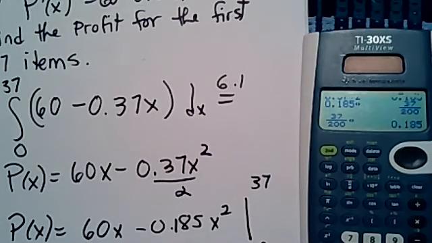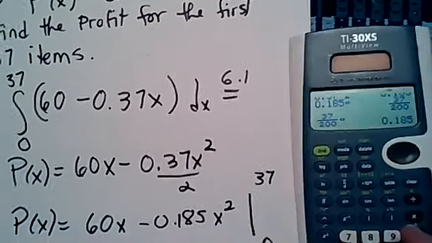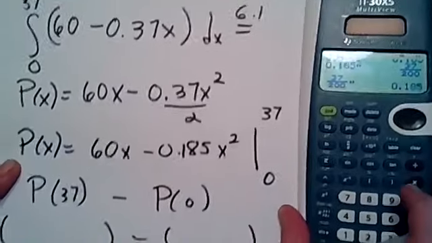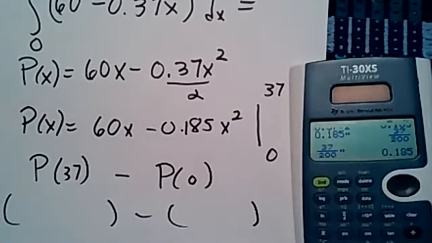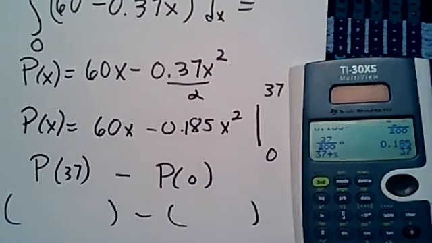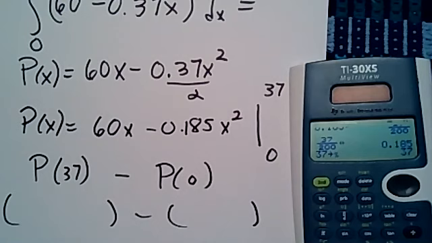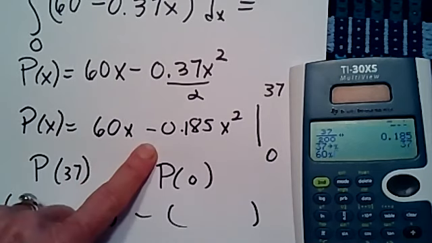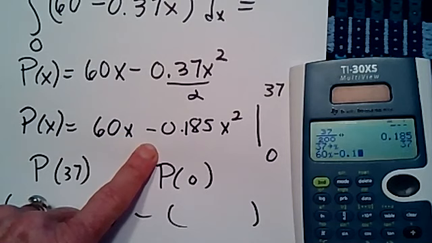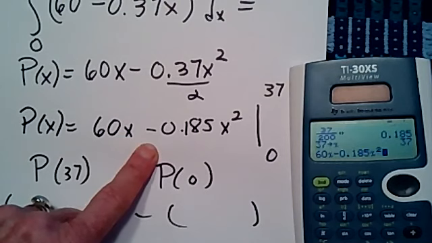So let's go use my calculator. Let's put in 37, store for X and enter. I'll turn off my phone. I'll type in my antiderivative, which is 60x minus 0.185x squared.